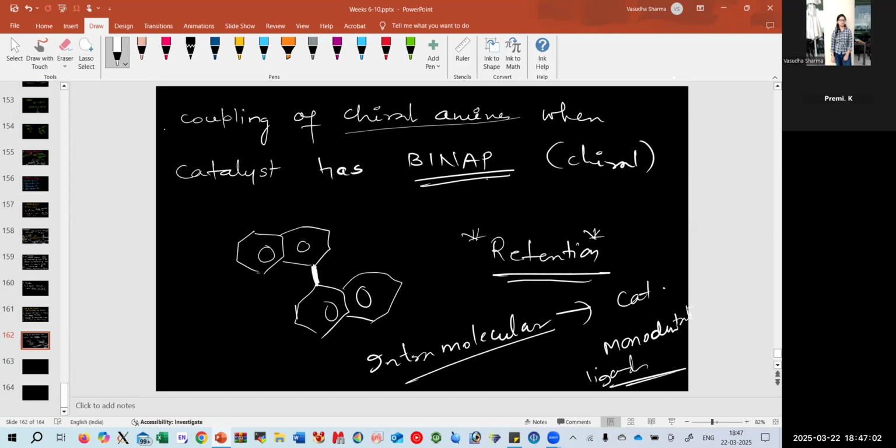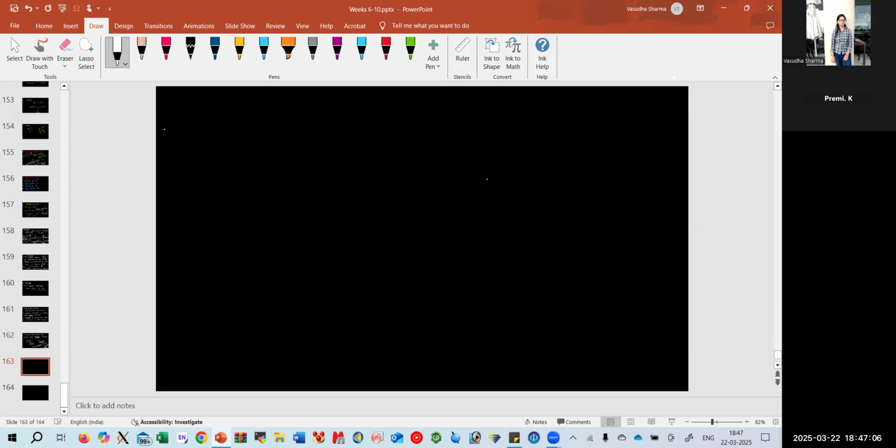That would give you a retention of configuration. So we can have a sample of intramolecular coupling.